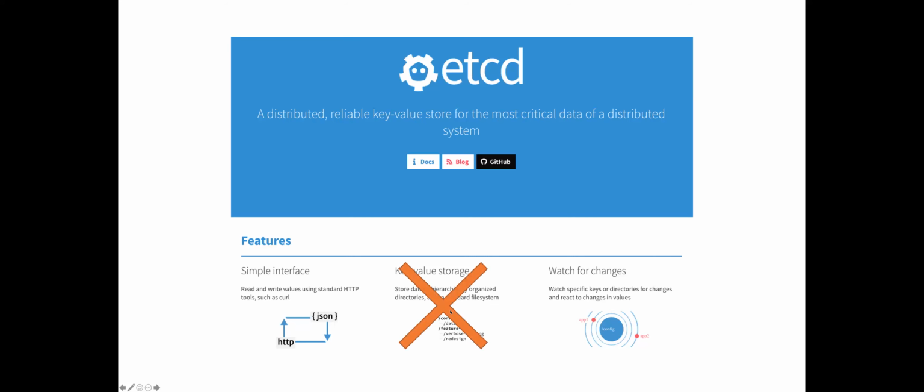Okay, so why did I cross this out here? The web page still says that you can store data in hierarchically organized directories. That was true as of etcd version 2, and there are still blog posts out there which use this kind of description. But in etcd, you will basically see this: there's no hierarchy, so we don't have a folder or directory structure in etcd when we create keys.